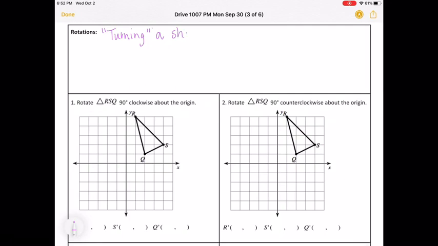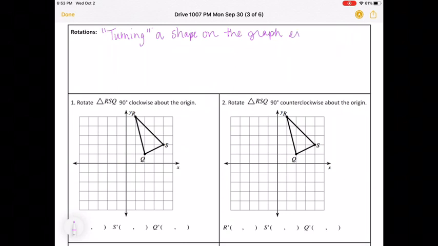So turning a shape on the graph either clockwise, so think, the way a clock turns like this, or counterclockwise.